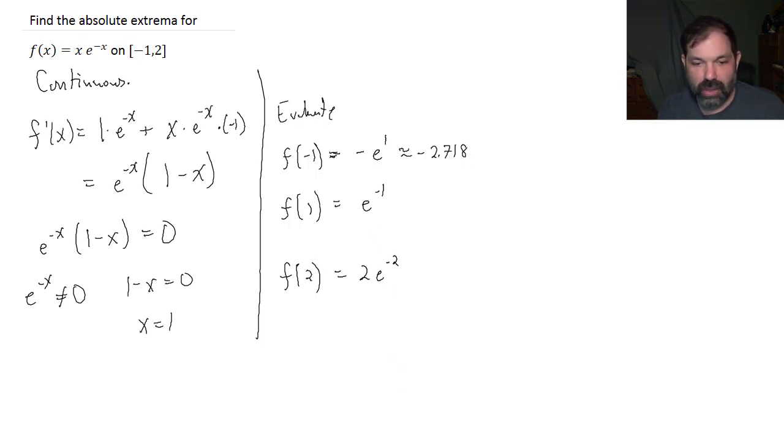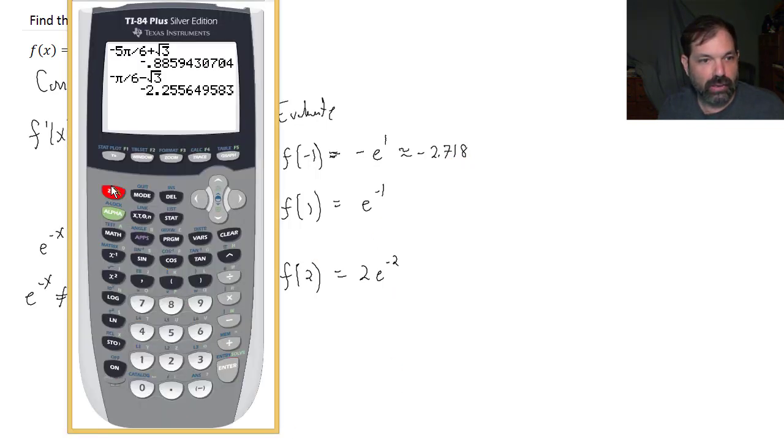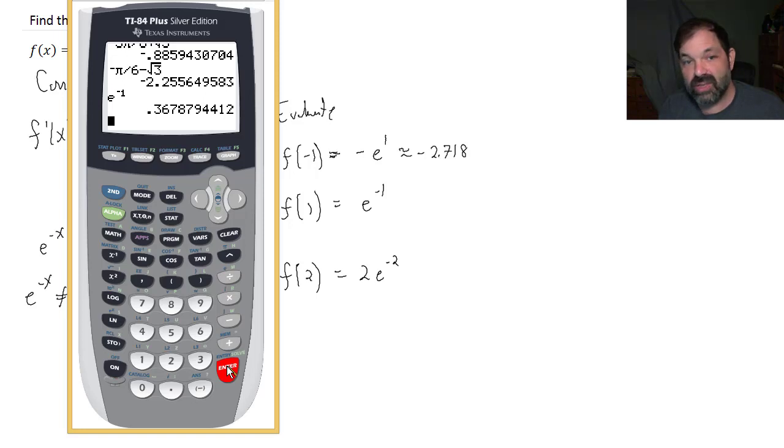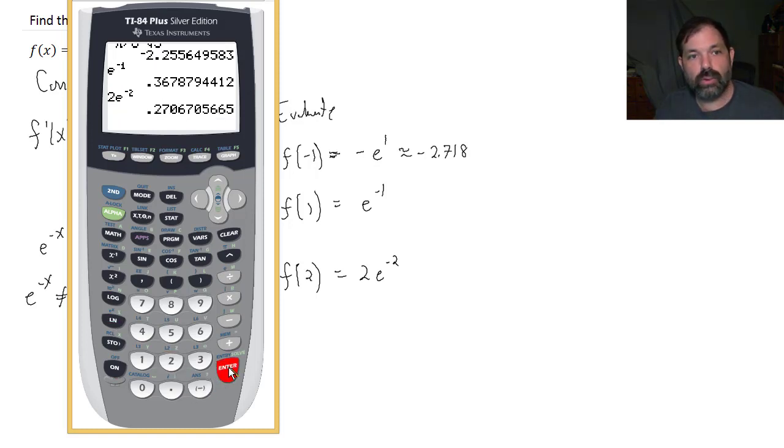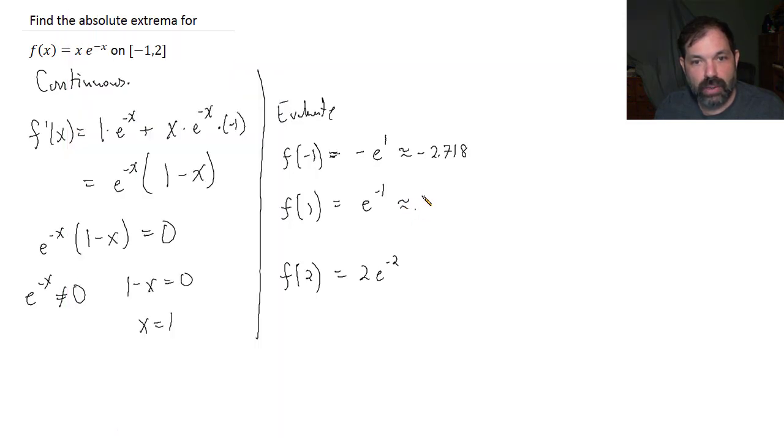So now it's just a matter of calculating these. Let's calculate e to the negative first. That's about 0.37 to 2 decimal places. And then 2 e to the negative second is about 0.27. So this one's approximately 0.36, and this one's approximately 0.27.